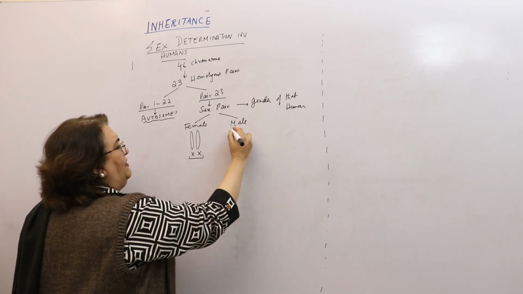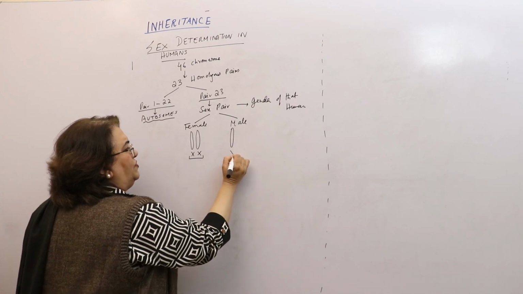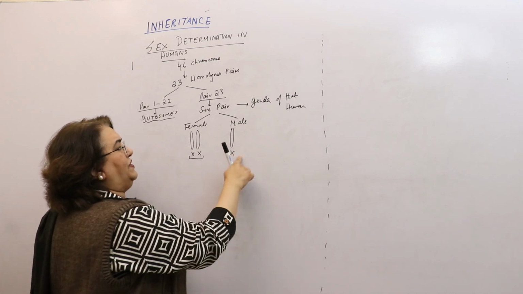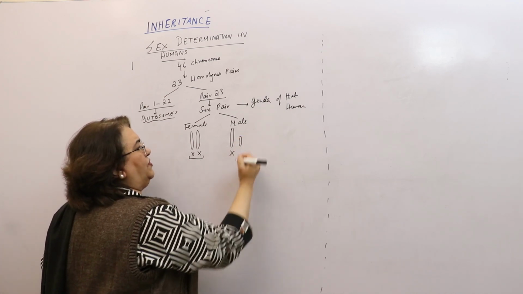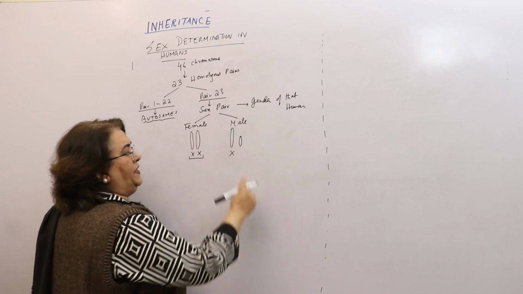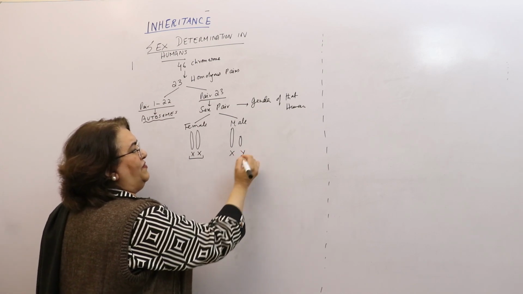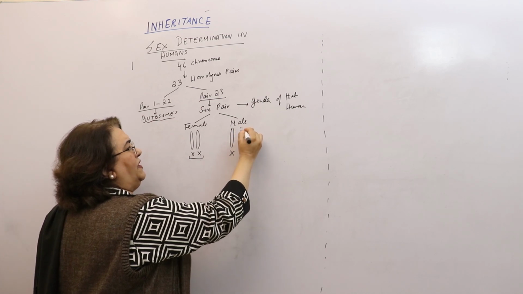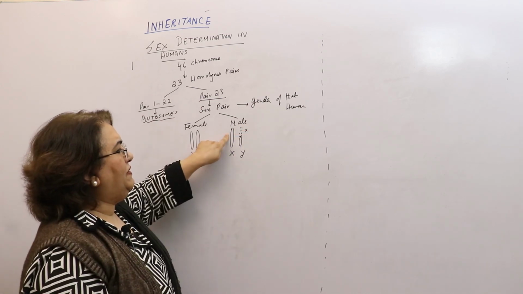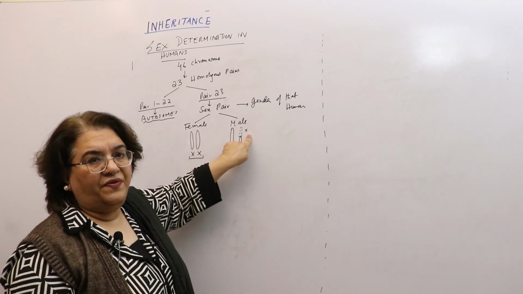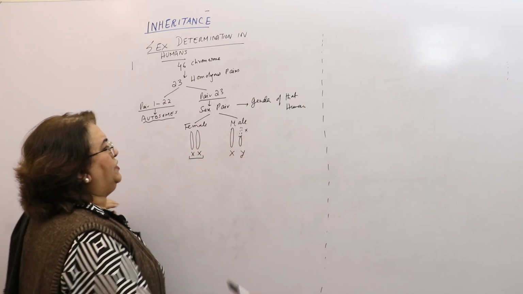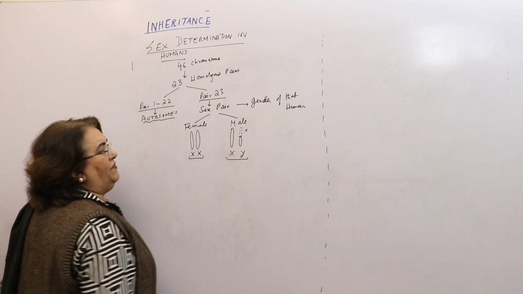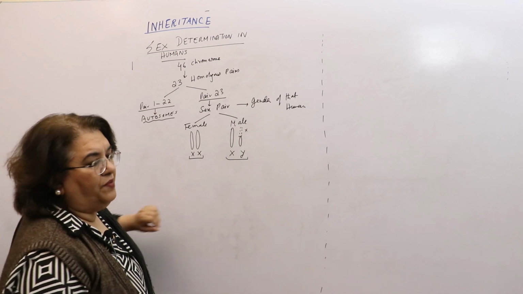We'll find a long X chromosome, but along with that there is a very, very short chromosome, termed the Y chromosome. And mind you, the genes present on the X chromosome are missing on the Y chromosome, because it is far, far shorter. So this combination gives the male.